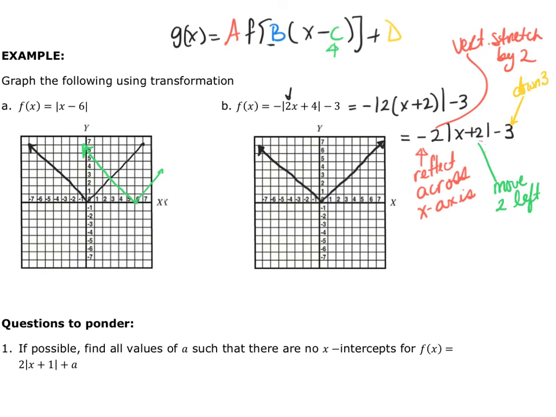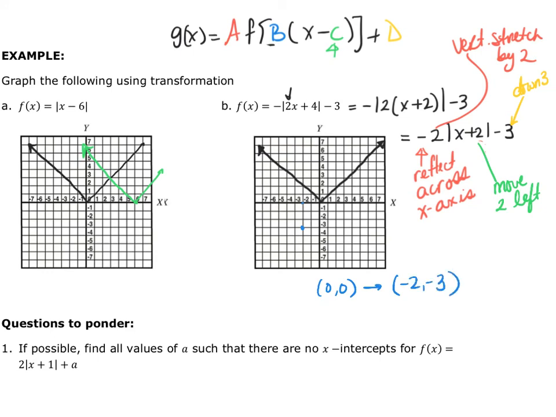Okay, so let's move our point. Our point that we should have is (0, 0). It is going to move left 2, so I'm going to go here, and then I'm going to go down 3. So that's where that (0, 0) went to. So (0, 0) went to the point (-2, -3).